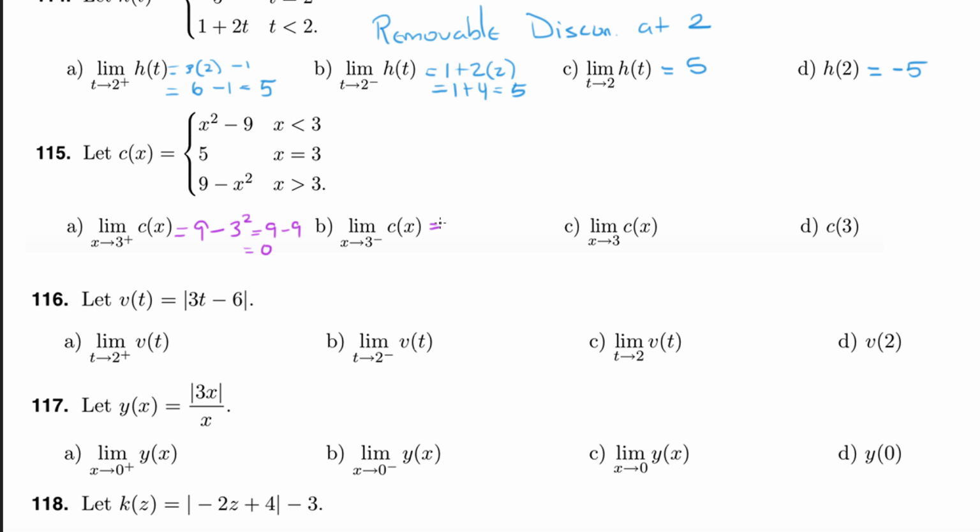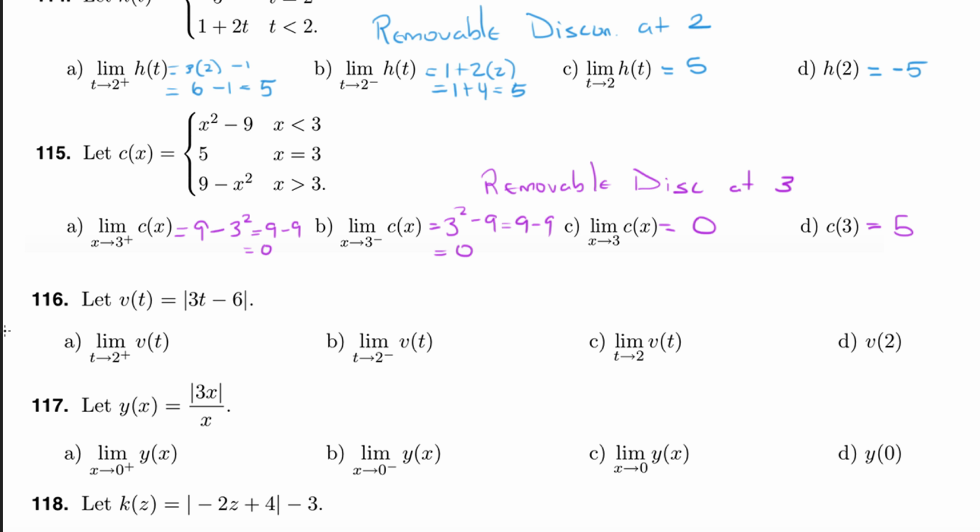So again, 3 squared minus 9. 9 minus 9 equals 0. The limit does exist and it's equal to 0. At 3, notice that it says it's equal to 5. So we have a removable discontinuity at 3.